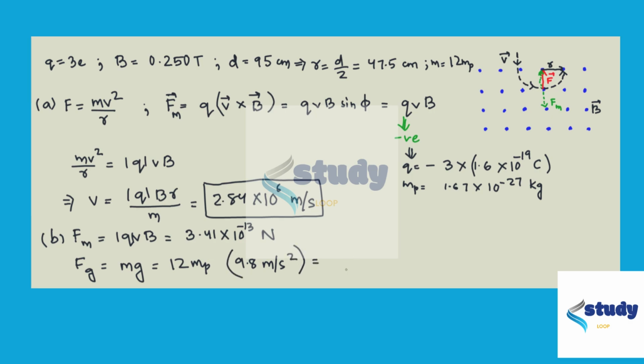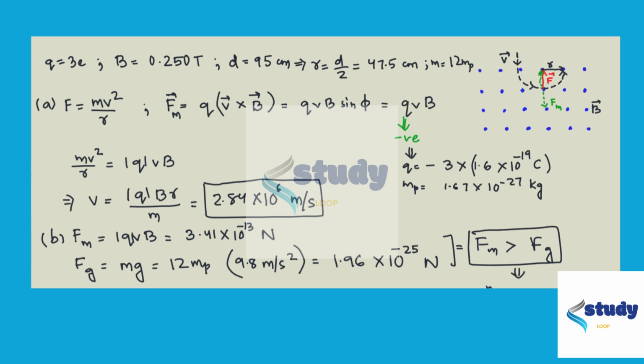We find this to be 1.96 times 10 to the power minus 25 Newton. If you compare these two values, we see that the magnetic force is much larger than the weight of the particle, or the gravitational force. So it will be a very good approximation to neglect gravity here.